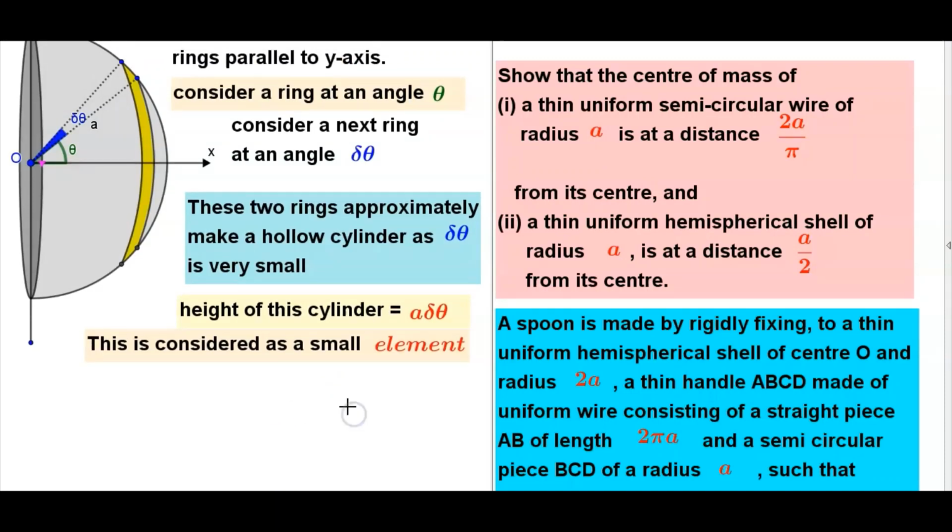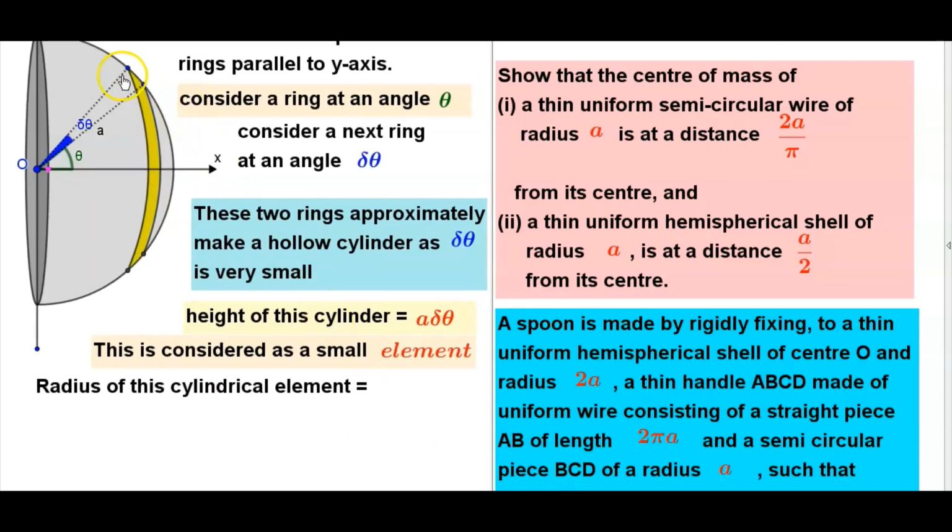So now the small element is the cylinder. By assembling so many cylinders, the hemispherical shell is made. The radius of the cylindrical element is this distance, what is this? A sin theta.